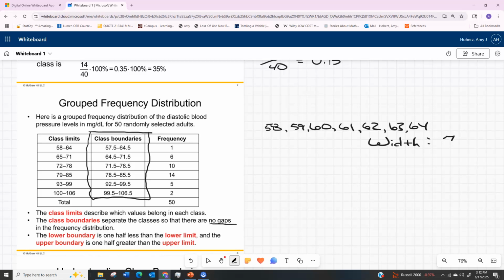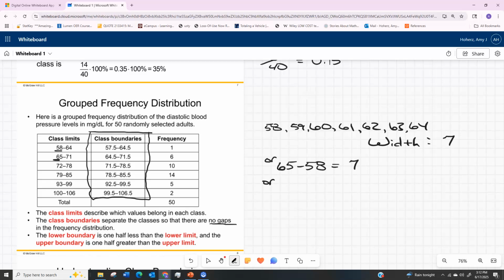So the width is 7. Or, that kind of gets tedious counting the numbers. So what if we just said, let's go from the lower one here to the lower one here and see how far that is. Well, 65 minus 58 is 7.